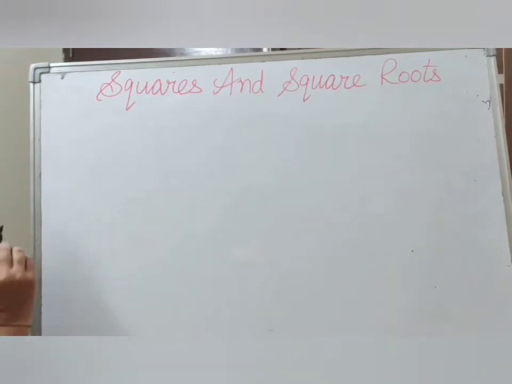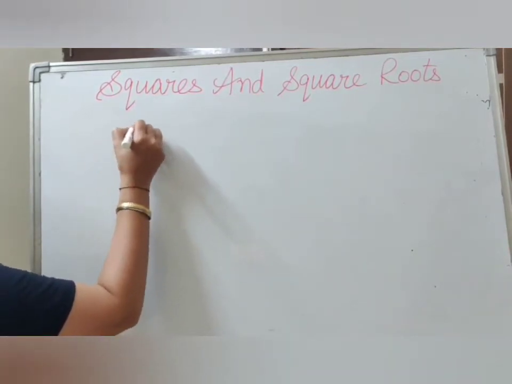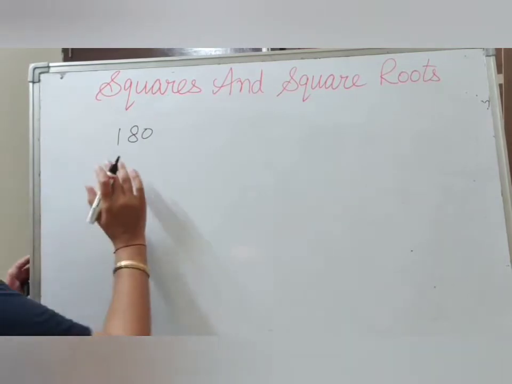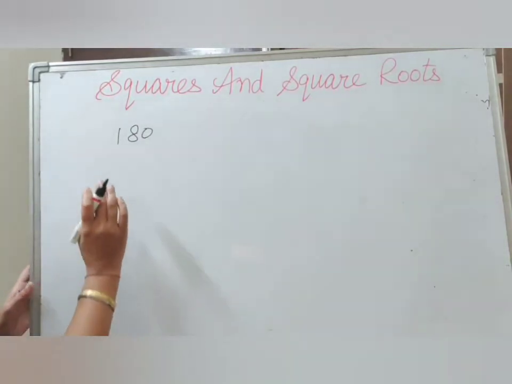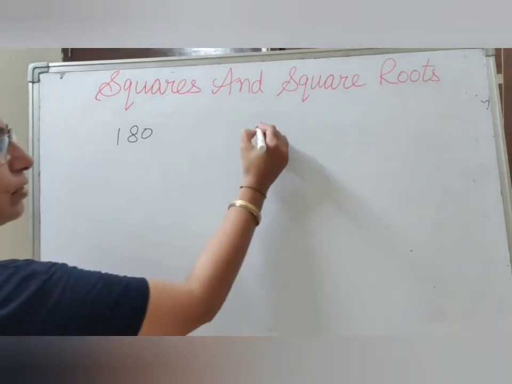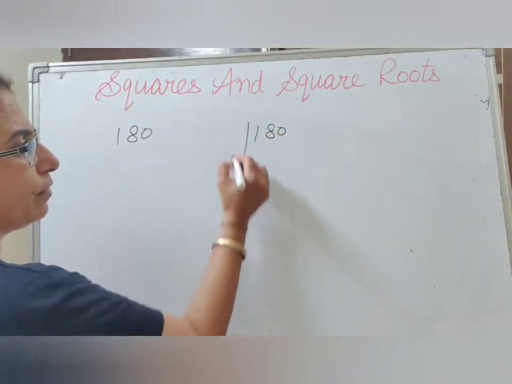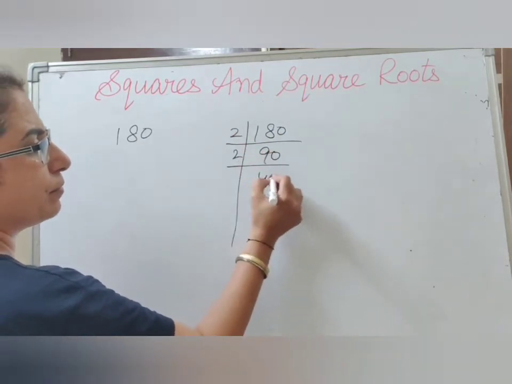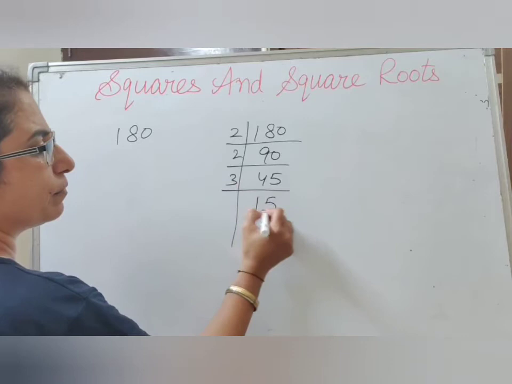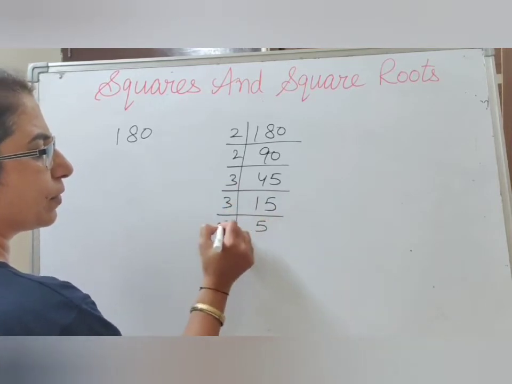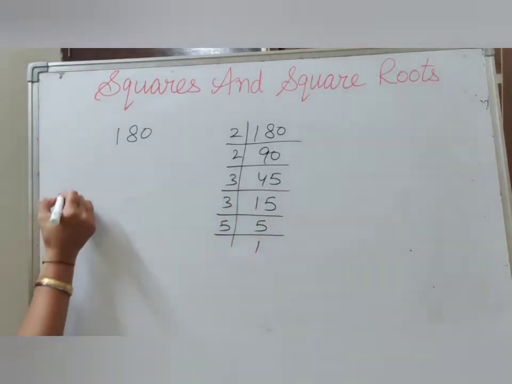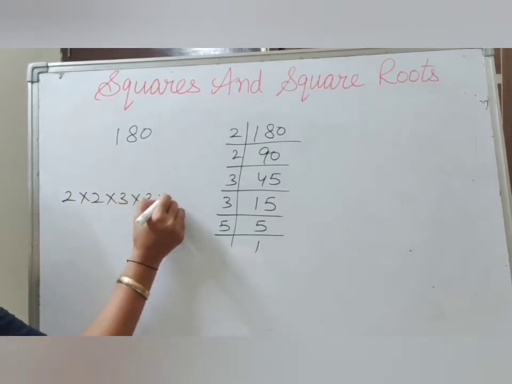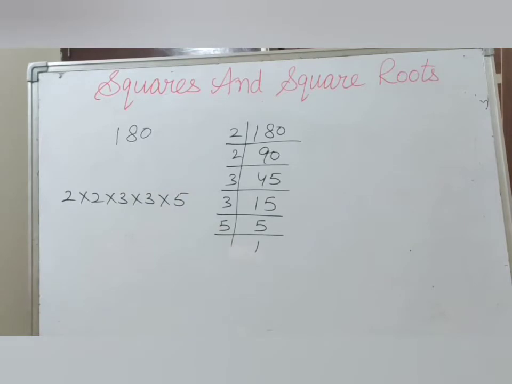Now let me take one bigger number, 180, and we have to check whether it is a perfect square or not. For this, first you resolve it into prime factors. Write the prime factors of 180 and make the pairs.